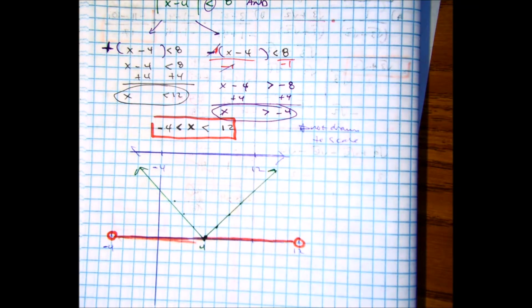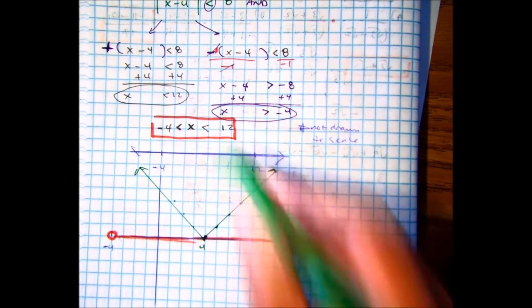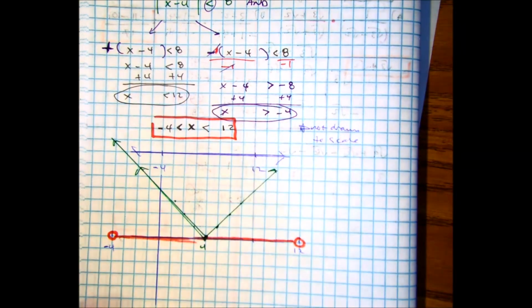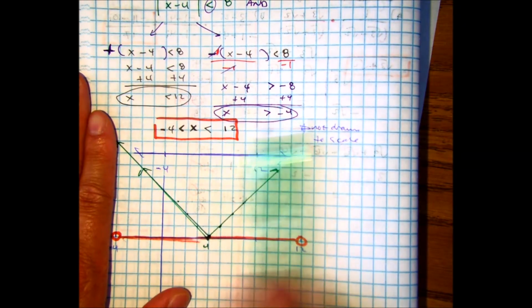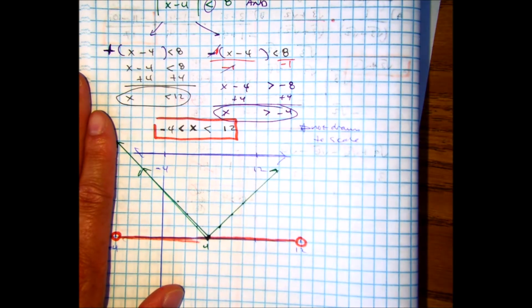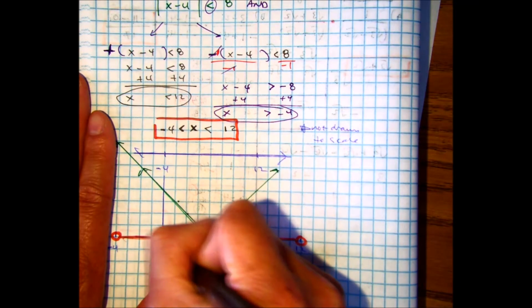And let's double check. I want to use my testing points. Everyone say testing points? I guess I didn't really expand my graph long enough, but I want to pick something in between these 2 points. Class, what number do you think I'm going to test? 0. What number should you always test if you can? 0.